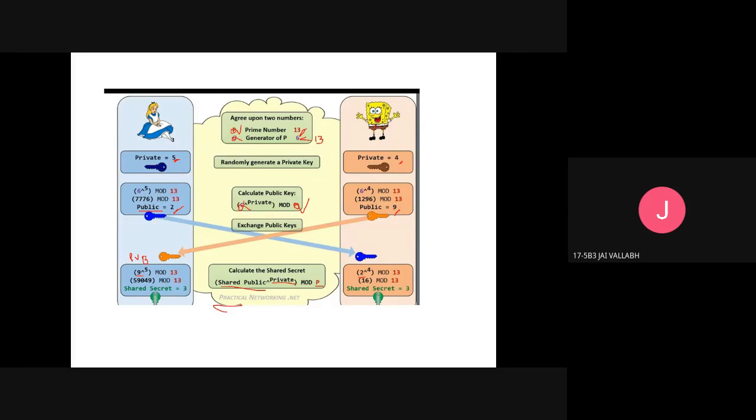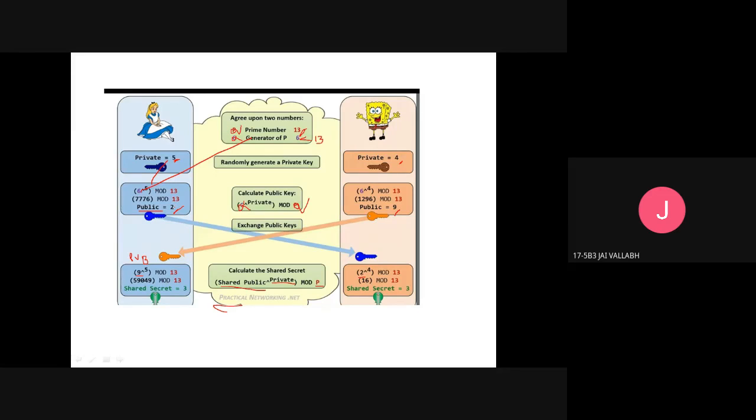Next, after selecting the private keys, we'll be calculating the public keys. In the second step, at Alice's side, we calculate the public key like this: alpha power private key mod q, where alpha is 6 and the private key is 5. So 6 power 5 mod 13, which is 7776 mod 13, is 2.